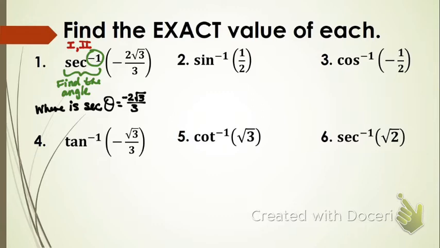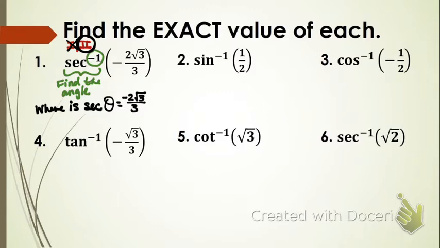How do you know? Because it's a negative. No matter which inverse function I'm talking about, if it's positive, it's always going to be quad what? Quad 1. If it's a positive ratio, I'm in quad 1 no matter what. All right, so I know I'm looking in quad 2.